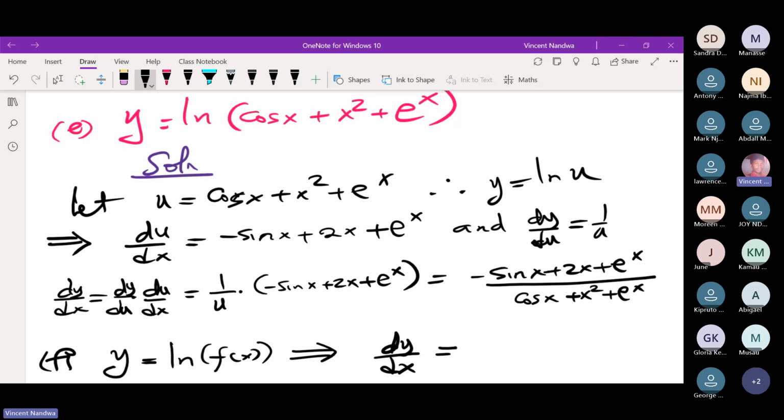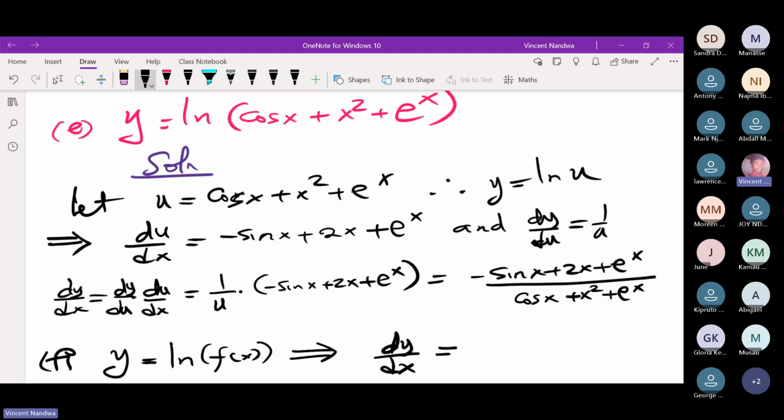Is there a common trend you can see from the final answer and the nature of the function? f prime of x over f of x.